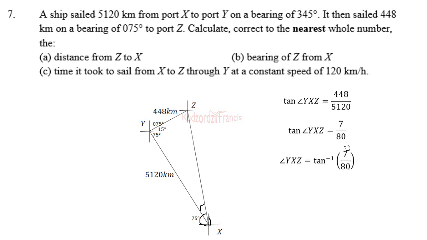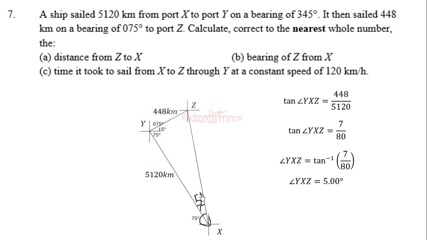Take the tan inverse of both sides to get angle YXZ to be tan inverse of 7/80, and that will be equal to approximately 5 degrees. So it means this angle is 5 degrees.